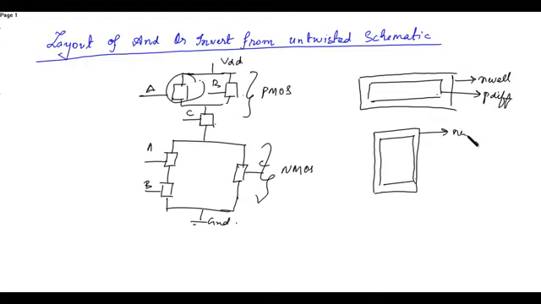So this will be the N well and this will be the P diffusion layer.